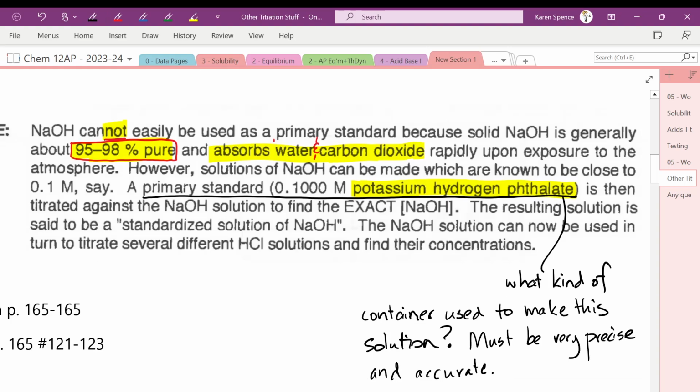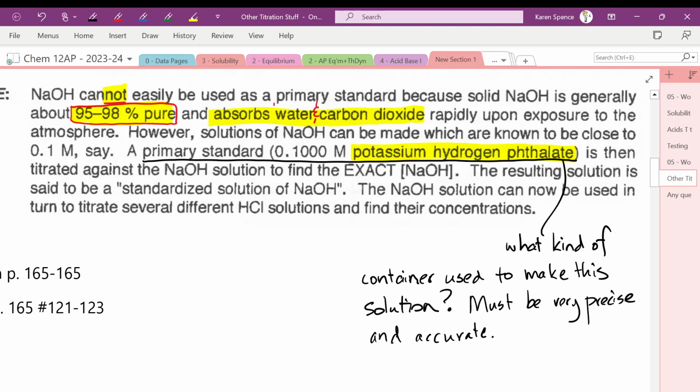And you've actually made solutions at least 3 times now using this piece of equipment. Like literally physically in the lab, you have used this piece of equipment at least 3 times between grade 11 and now. A volumetric flask, thank you.